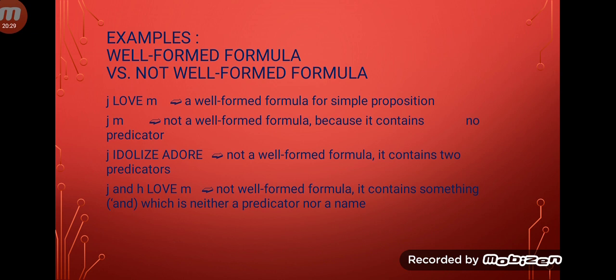Not a well-formed formula. It contains two predicators. So a well-formed formula is a predicator for a simple proposition. J and H love M. This is also not a well-formed formula. It contains something, and, which is neither a predicator nor a name.